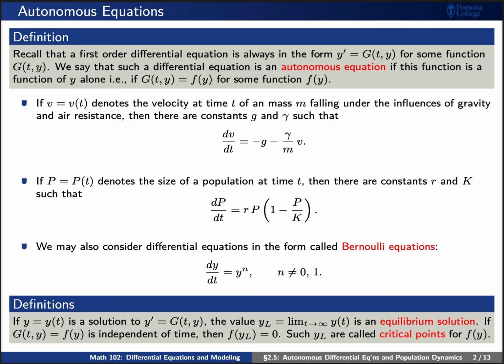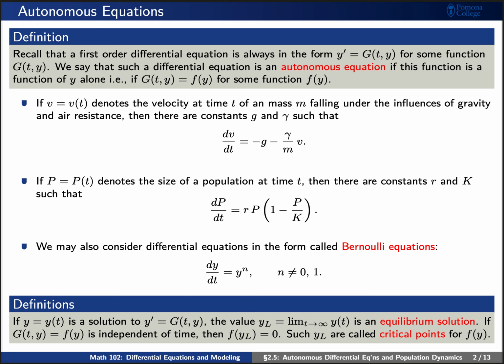We can try to determine the behavior of solutions to such equations as t increases without bound. In particular, let's say that y of t is a solution to such an autonomous equation. Then, as t increases without bound, this function y will tend to a constant, which we'll denote by y sub l. We'll call this an equilibrium solution.